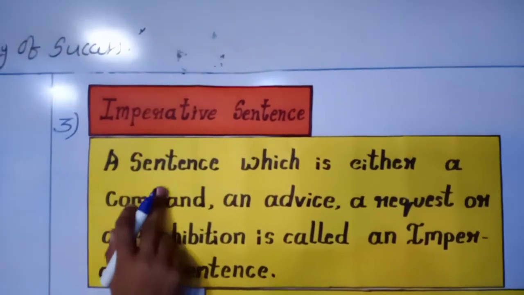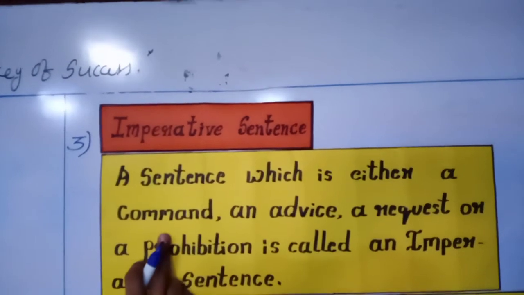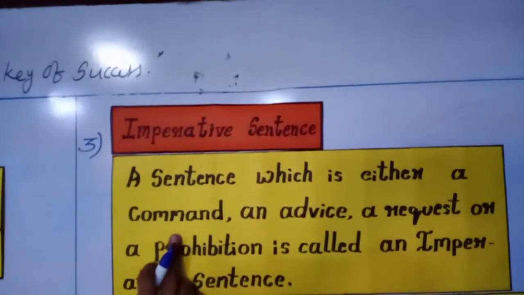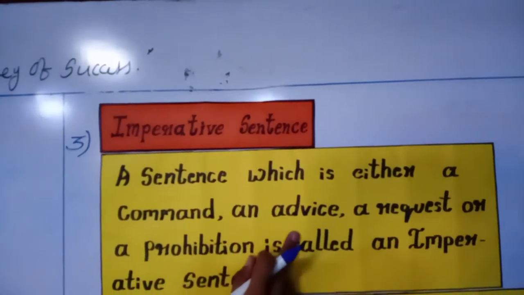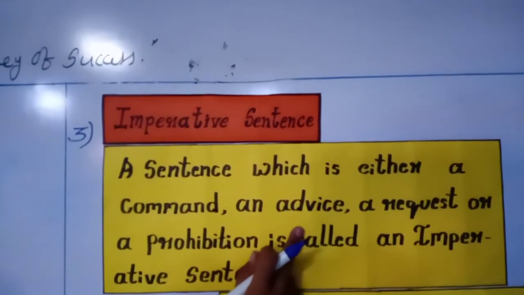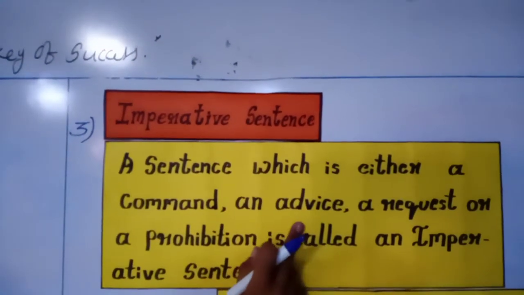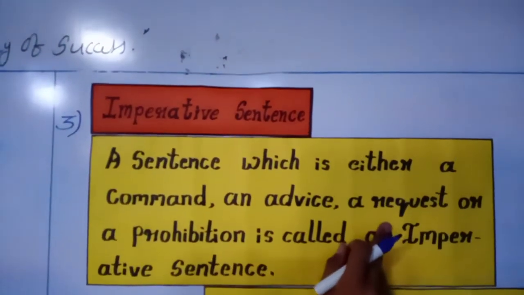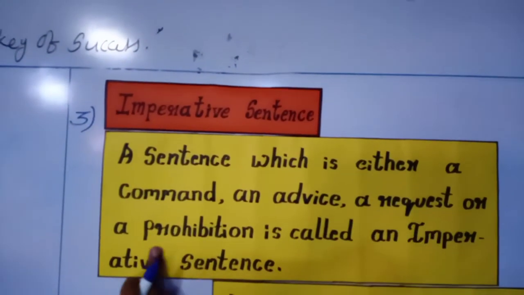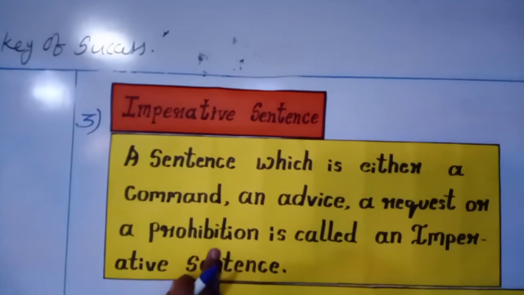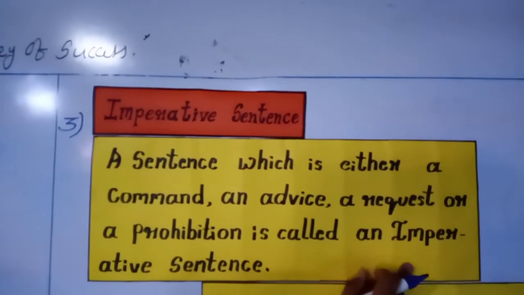Once again, a sentence which is either a command, like whenever we are commanding to anyone, go there and stand, or an advice, means we are advising the person do that work sincerely. A request, please sit over here, means we are requesting to them. Or prohibitions, do not smoke, when we are prohibiting such kind of thing, is called an imperative sentence.